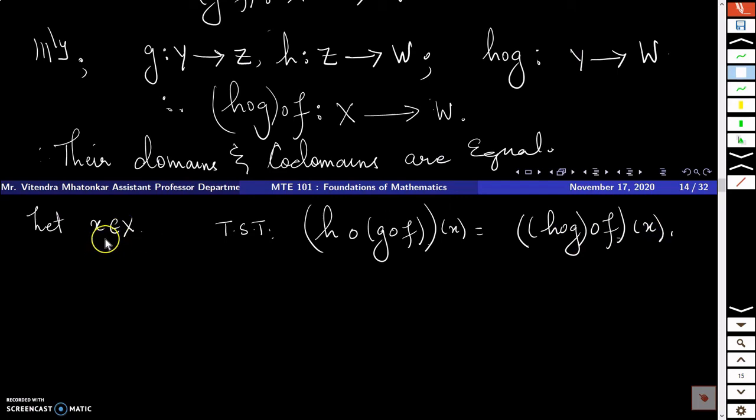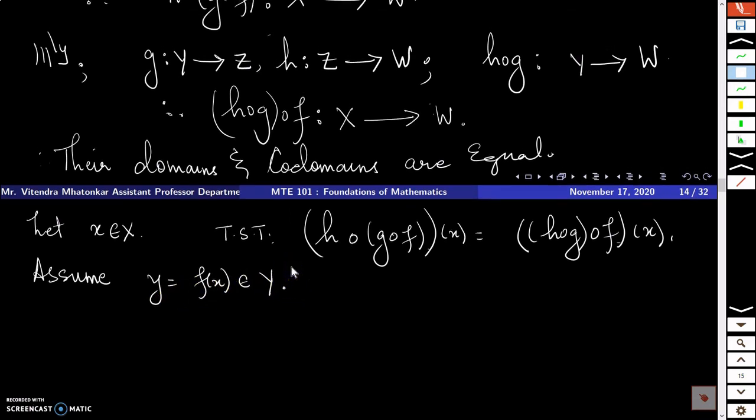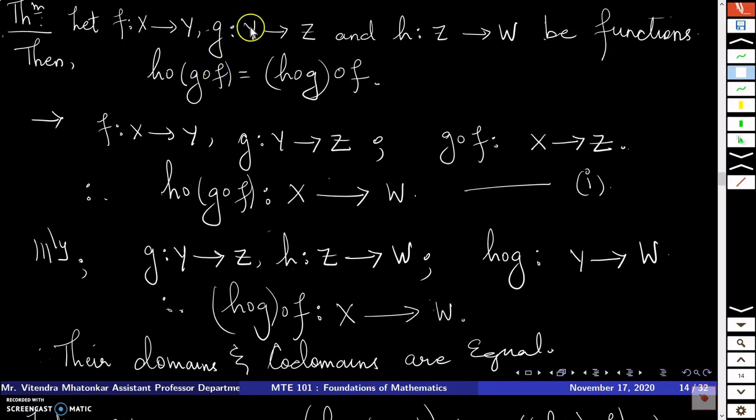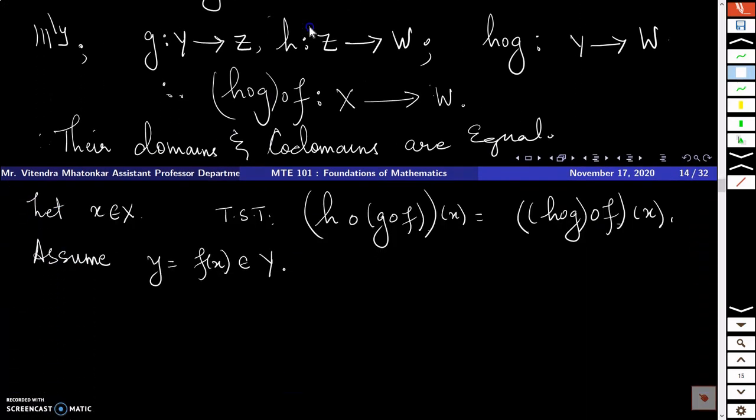Okay, now x is sitting inside the set capital X, right? So let's assume that its image is y. Let's call f of x as y. So if x is in capital X, f is a map from X to Y, so f of x will be in Y. So we have f of x here, so g of that point y will be in Z. So let's call that small z.